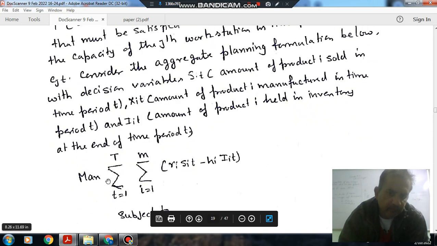Maximize the sum over t equal to 1 to T and i equal to 1 to M.